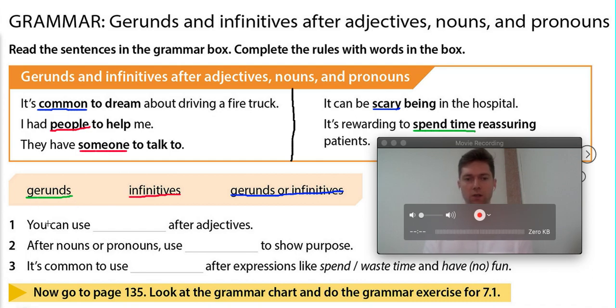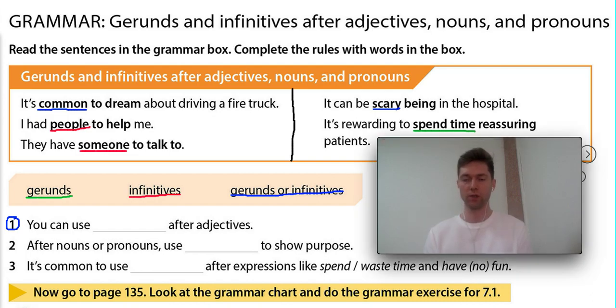First, you can use gerunds or infinitives after adjectives. Okay, some adjectives you can choose what to use, and some adjectives you have to stick to one rule. So for example, only infinitives.